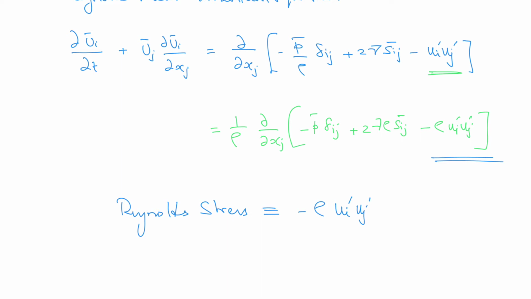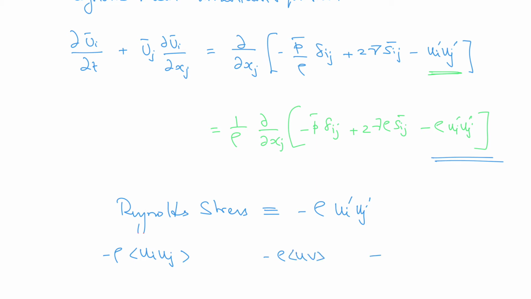In many books you might find different formats: ⟨ui'uj'⟩ in angle brackets times minus ρ, and some people write it like this, minus ρ u'v'.